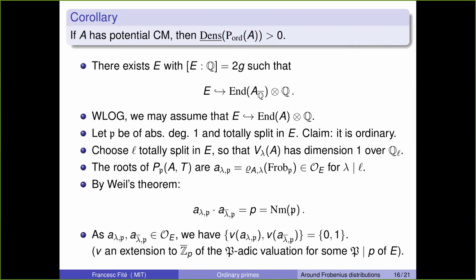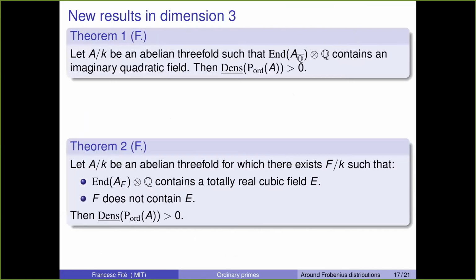I'm a little bit short on time. But let me tell you what one gets when one combines the existence of these representations V lambda with the propositions of Ogus and Katz. At least what I could prove is that if A is an abelian threefold whose geometric endomorphism algebra contains an imaginary quadratic field, then one can deduce the abundance of ordinary primes.